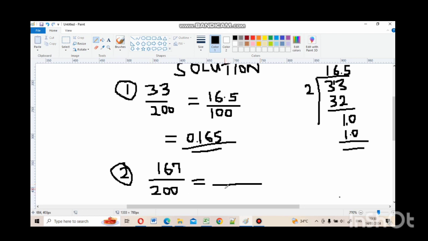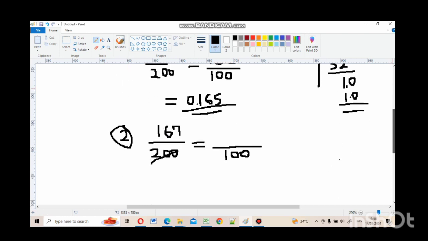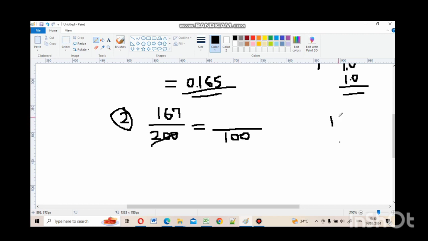2 in 200, you have 100. 167 divided by 2. We may have to do such long divisions as we did here too. 2 in 16 we have 8.